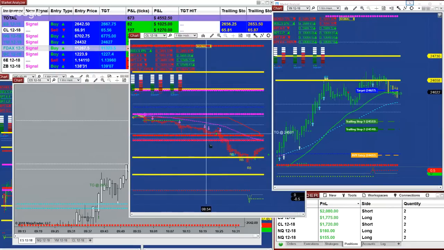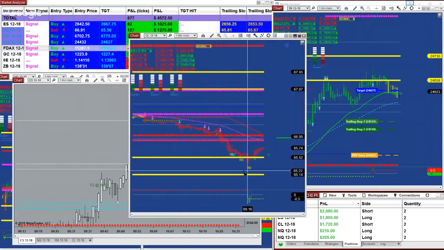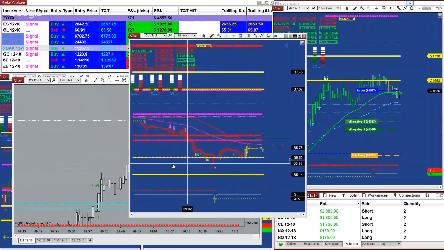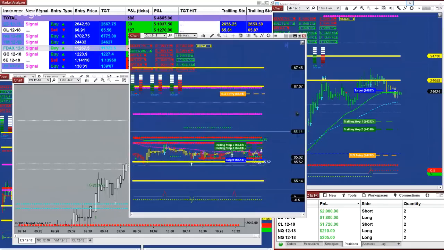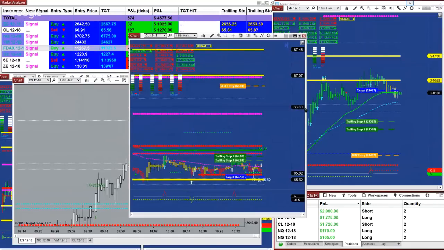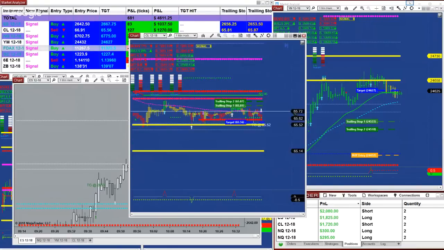So it hit between those two yellow lines and it gave you reversal. And now it's stuck in this area. There is nothing we can do anymore. It hit the target and you are in the critical area. So there is no more trade on the CL.